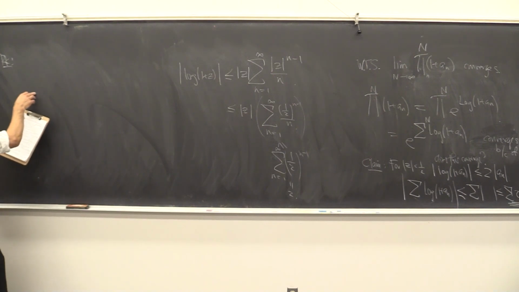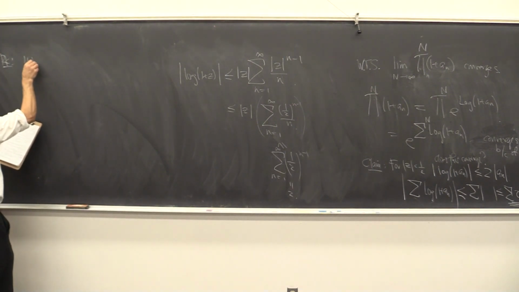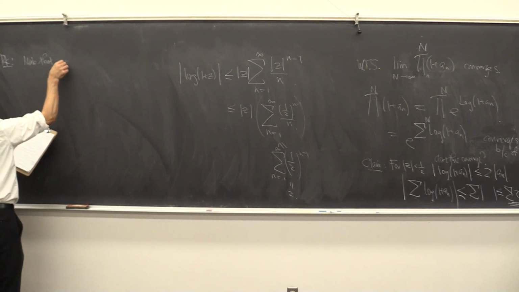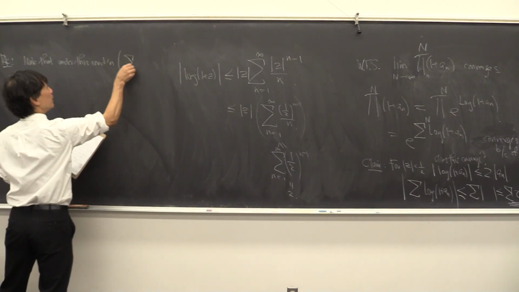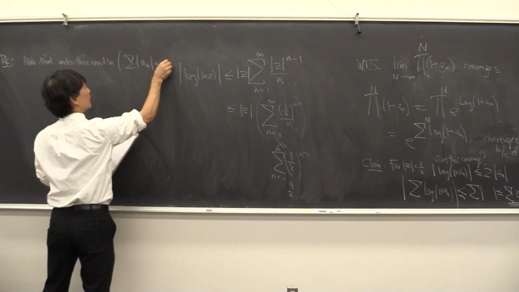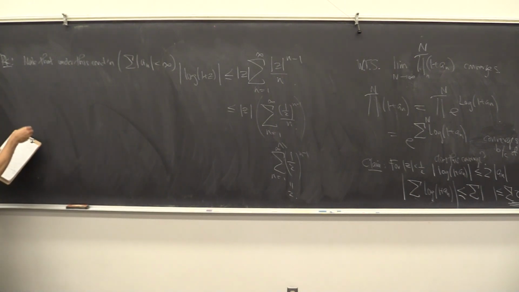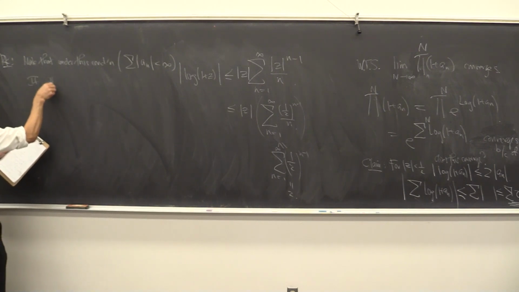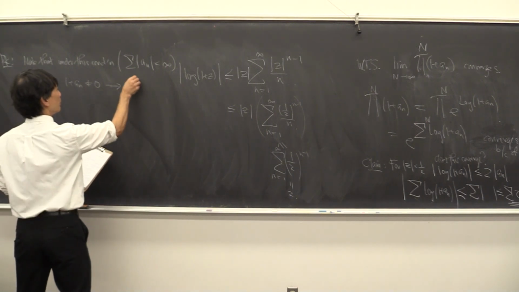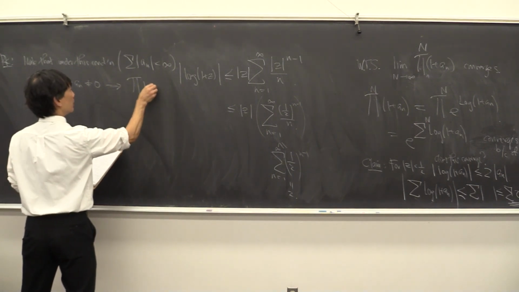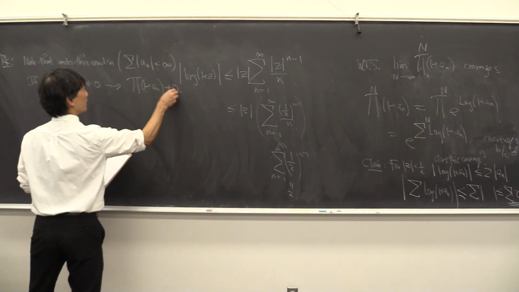There's a remark. Notice that under this condition, that is, that the sum of the deviations is finite, if all the 1 plus a sub n are non-zero, then the product is going to be non-zero.